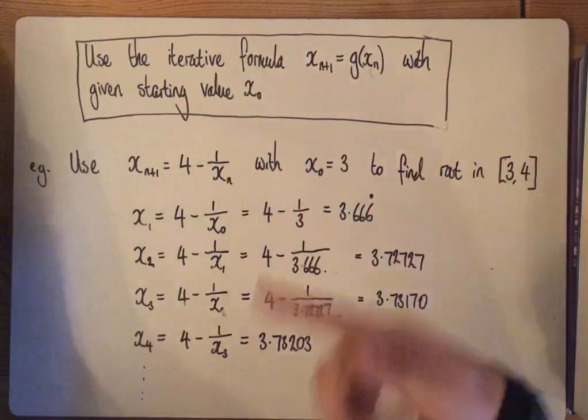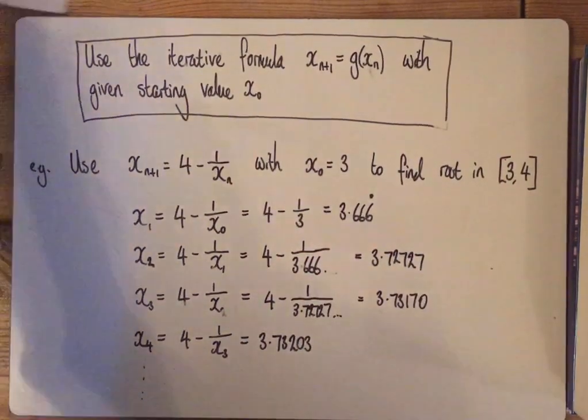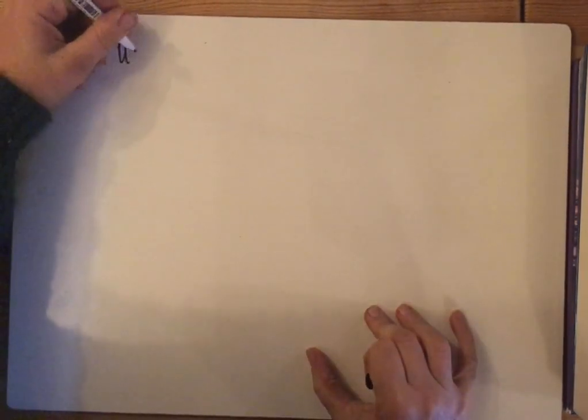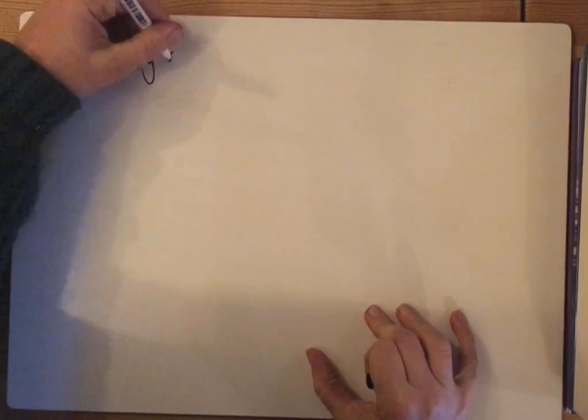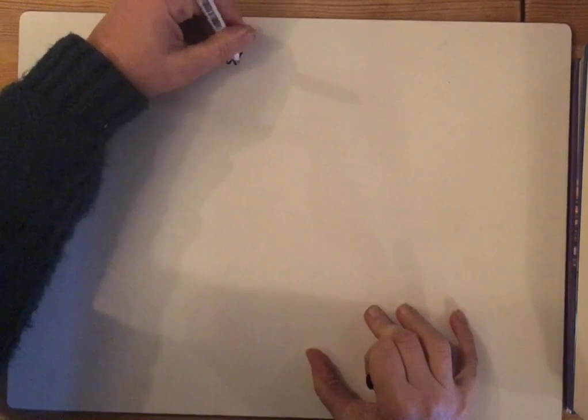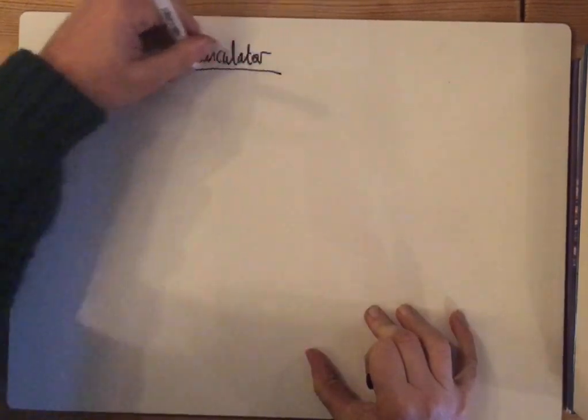This gets quite laborious, especially with a more complicated function. So I'm going to attempt to show you how to use your calculator on here. Hoping it will work. So using a calculator, you can basically use the answer button.